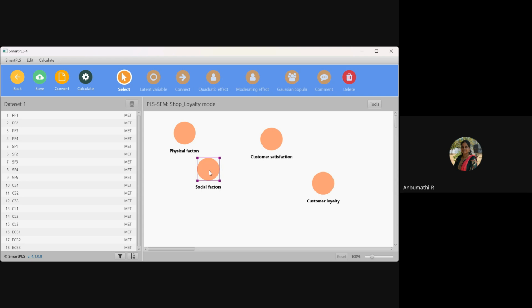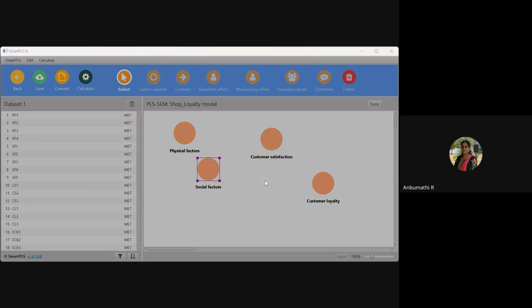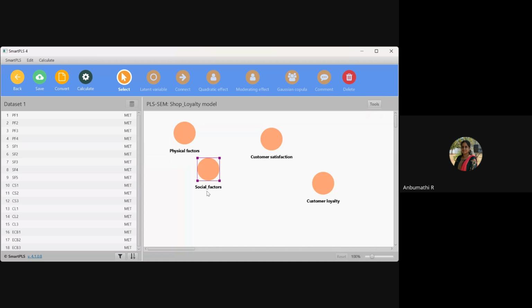When you right click it, you can do the edit. There in the caption model, at the top, you can see social factors. You can edit the value and give apply. For example, I am changing social factors into social underscore factors and pressing apply. You can change the name of the variable.